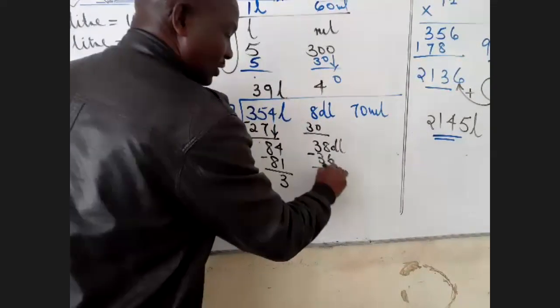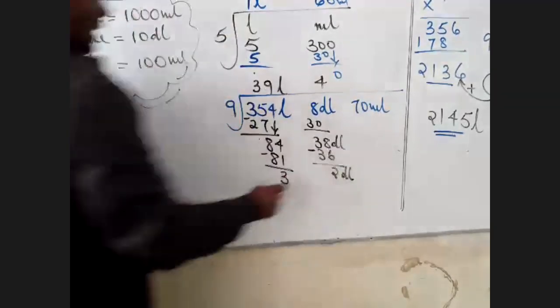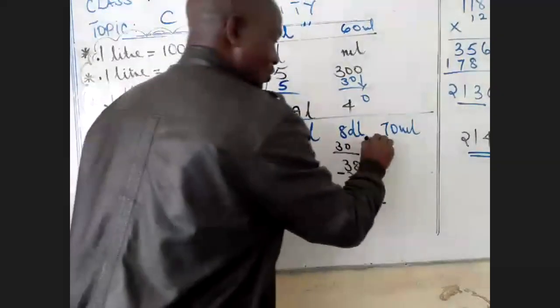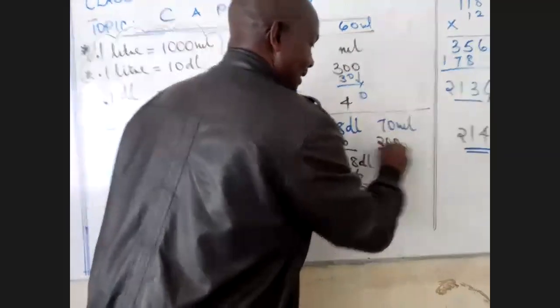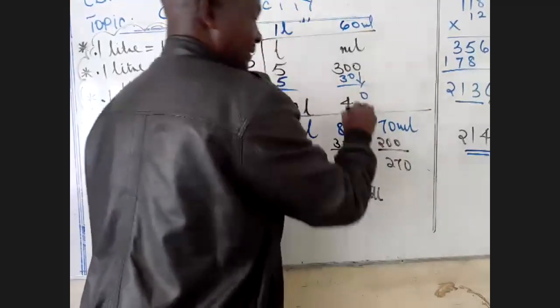Subtract and get 2. 2 deciliters. Change them into milliliters. Deciliters into milliliters times 100. So you get your 200, and plus the 70 available, 270.